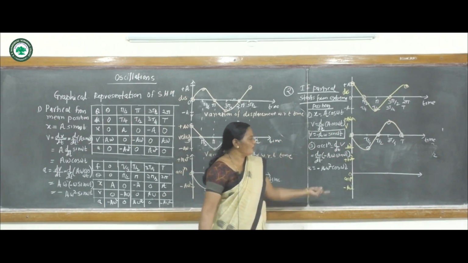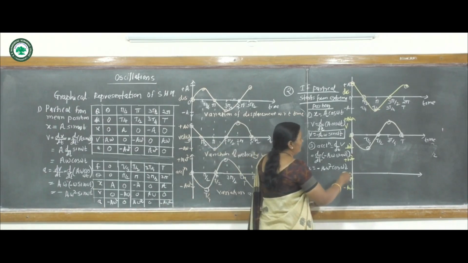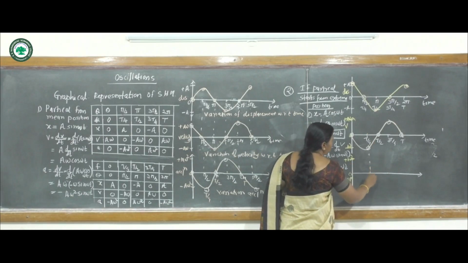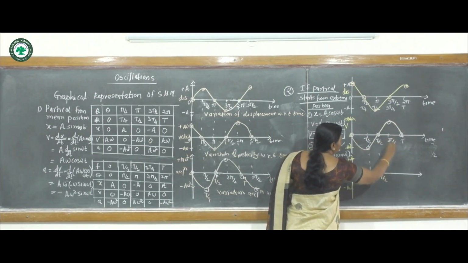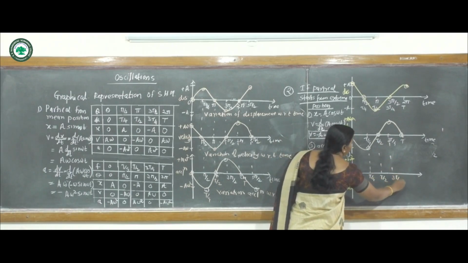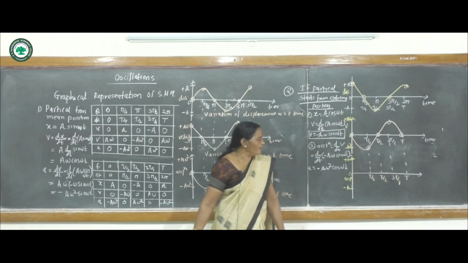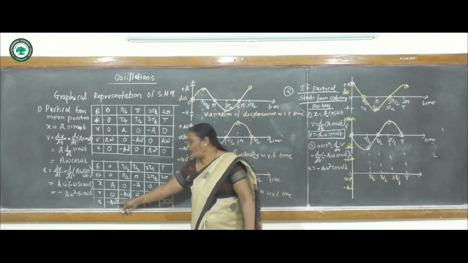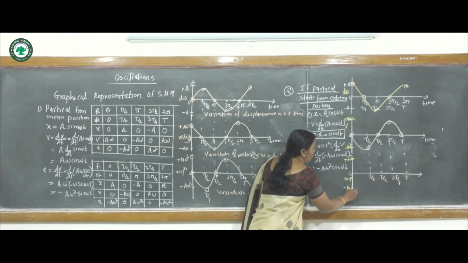Now in case of acceleration, here we consider again these time values, that is T by 4, T by 2, then 3T by 4 and T. Now see, the initial value of acceleration is minus a omega square.